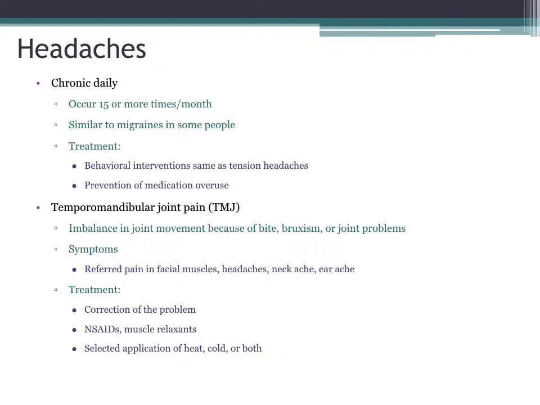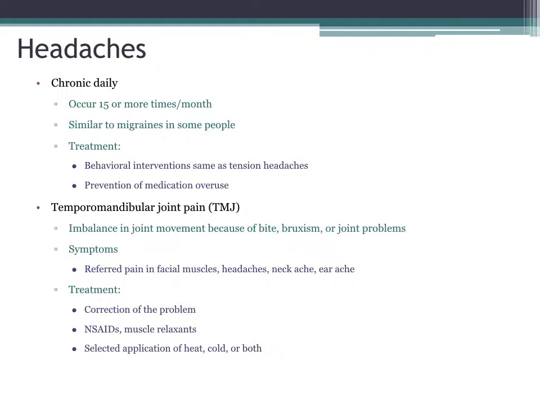With grinding of the teeth, it's more than just the grinding that's causing the problem, it's actually the tightening of the muscles in the face that seems to be part of the problem with TMJ. The symptoms are referred pain in facial muscles, headaches, neck ache, and earache. So if your teeth start hurting, a lot of times people will say that they notice that their ears are hurting as well because it refers back to that area.